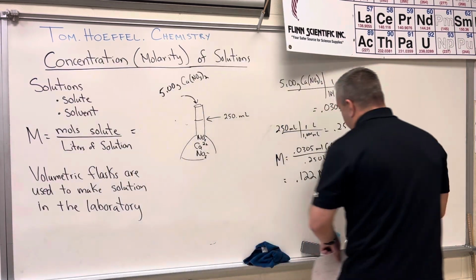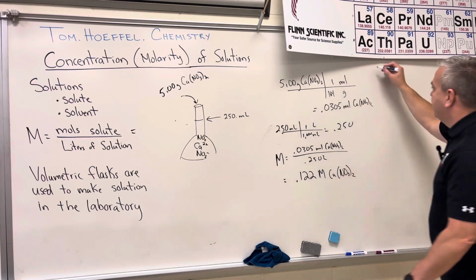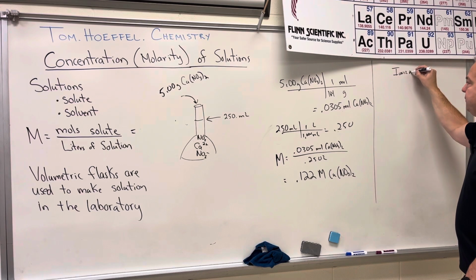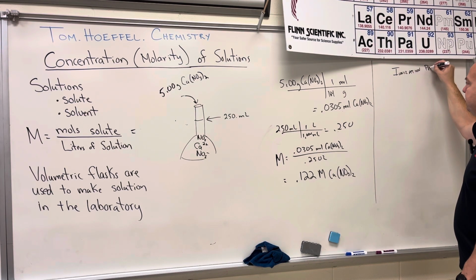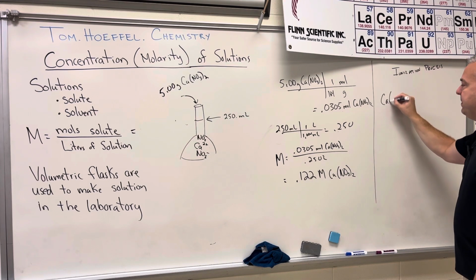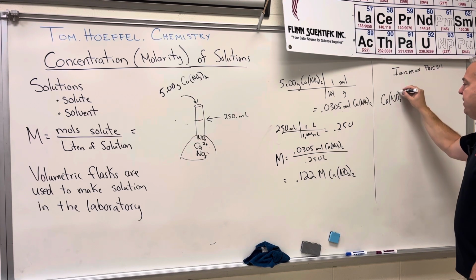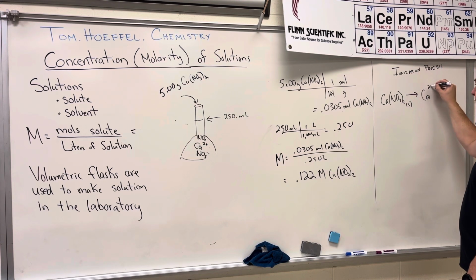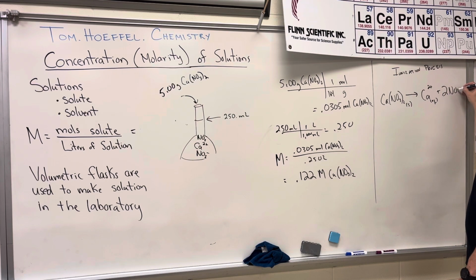Why is that? Because of the ionization process. So if we do the ionization process over here, we would get calcium nitrate as a solid dissolving into calcium ions and 2 nitrate ions.